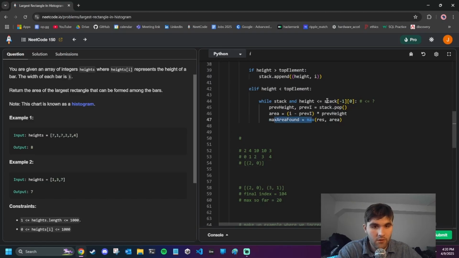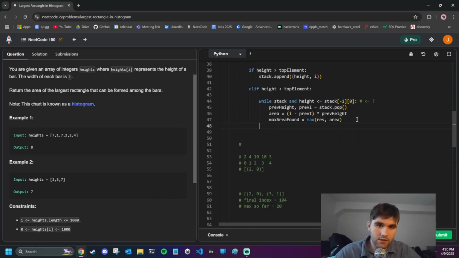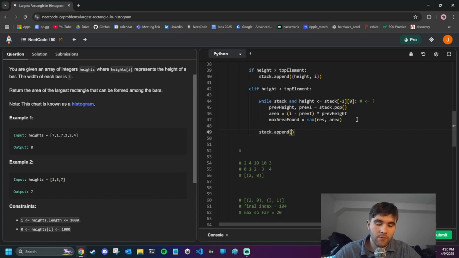We update that, and now this is not true because 3 is not less than or equal to 2. So at this point, we want to add to the stack, actually. So we want to say stack.append, and what do we want to add? We want to add height 3, and whatever we previously just popped, like that index.